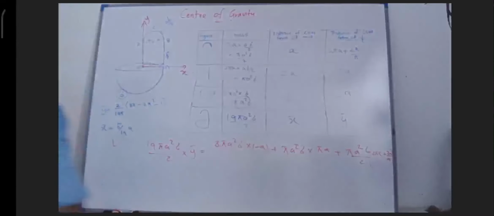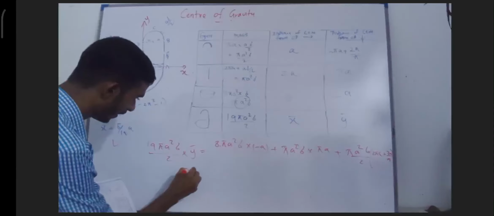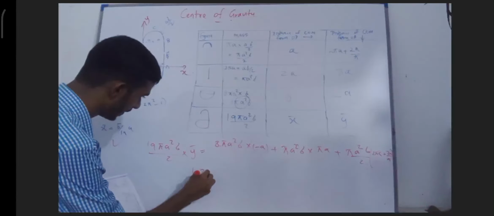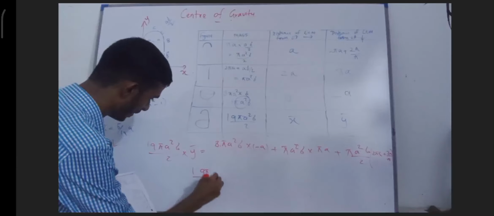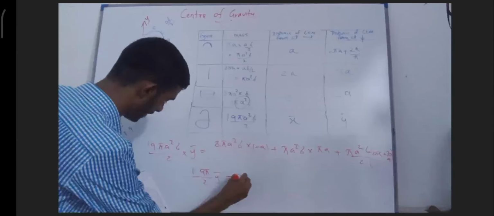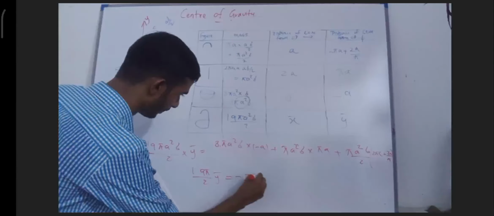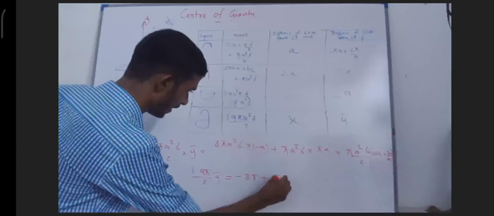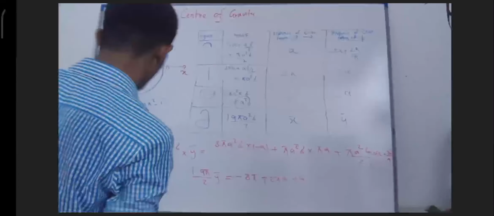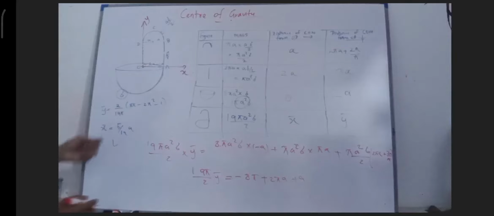Right. Now I have to simplify it. You can simplify at your own risk. So I will get 19 pi by 2 y bar is equal to minus 8 pi plus 2 pi a plus a.